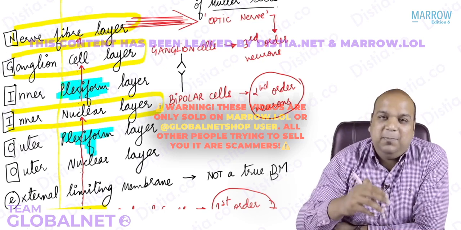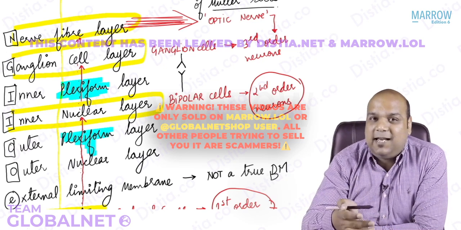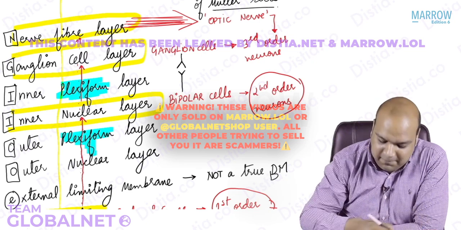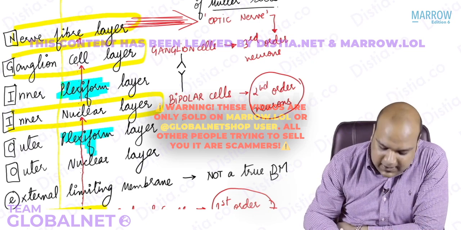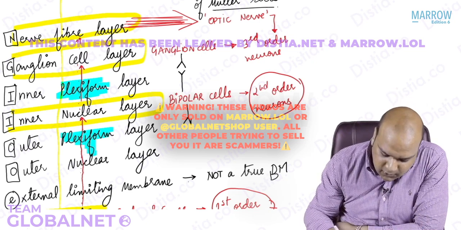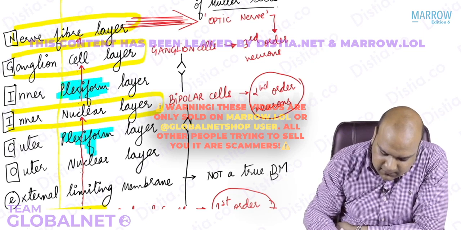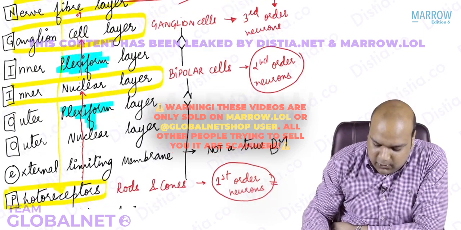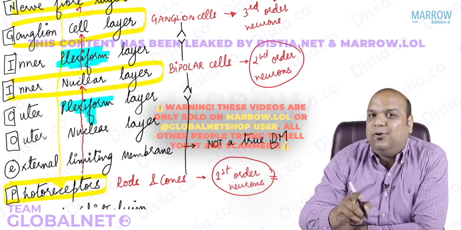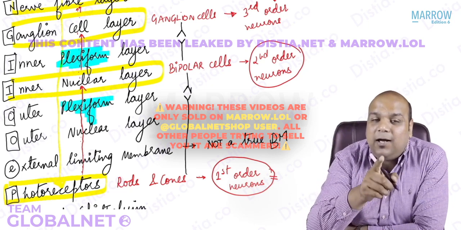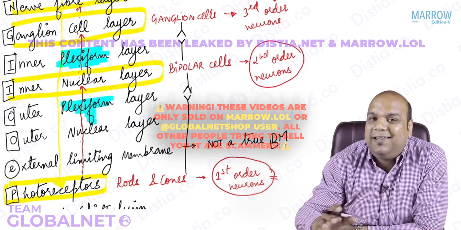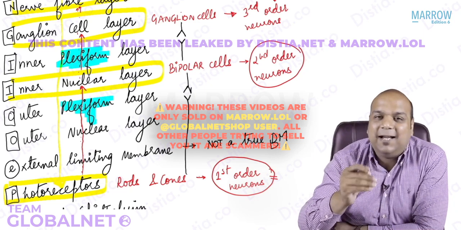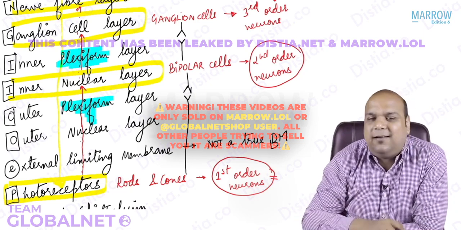Yes or no? So between the order neurons, there has to be a synapse, and that synapse is in the plexiform layer. Similarly, if we focus at the outer plexiform layer, we would know that it is forming a synapse between what, everybody? The first order neurons, that is the rods and cones, and the second order neurons, that is the bipolar cells. I hope we are pretty clear about the basic anatomy of the layers of the retina, everybody.